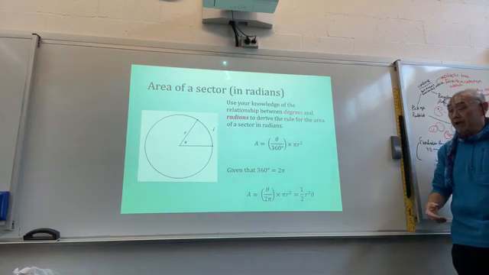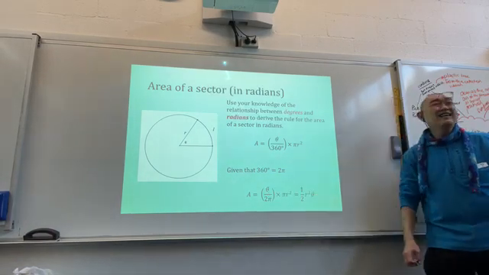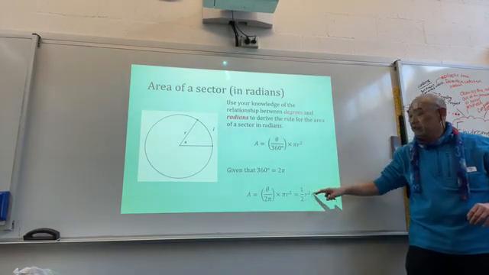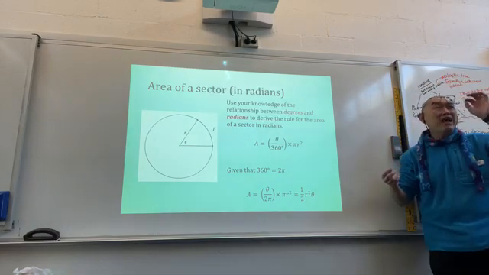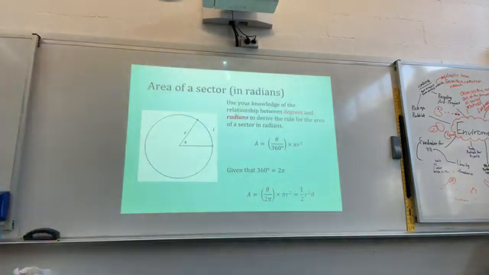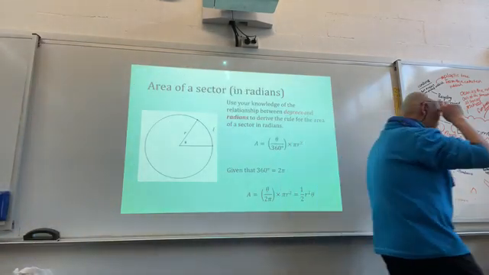Pi divided by pi is 1. Therefore, if the angle is in radians, the area of the sector is half r squared theta. That's all. It makes life a little bit simpler, you don't have to use the fraction theta over 360 degrees. So remember, in radians, it's half r squared theta.